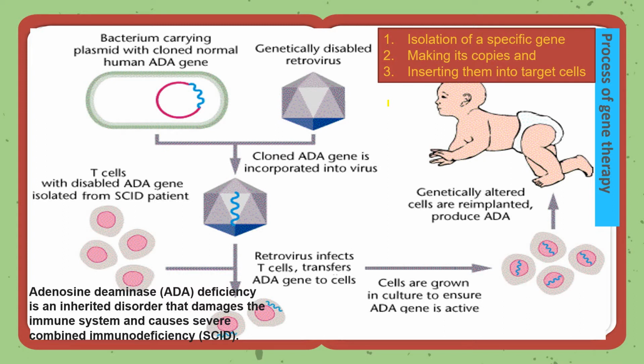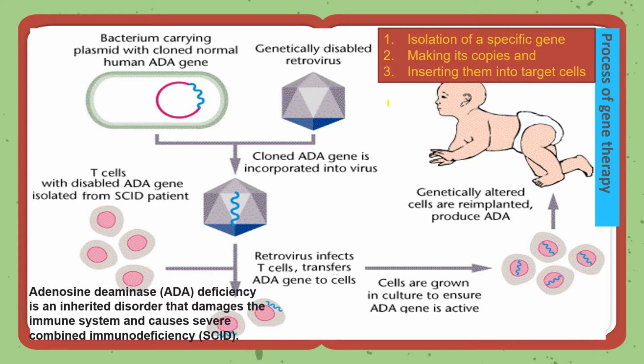What is it? Severe combined immunodeficiency. It is an autosomal recessive metabolic disorder. It is caused by deletion or duplication of the gene coding for the ADA enzyme. In this person, the non-functioning T lymphocytes cannot elicit immune responses against invading pathogens.